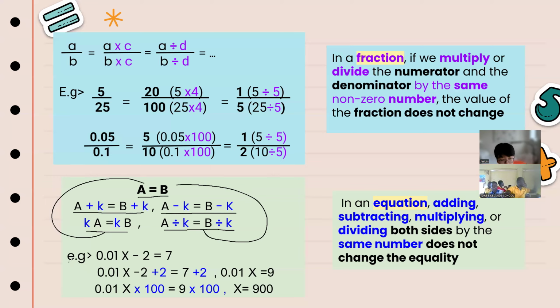So let's look at this last example. If we are asked to find the value of x here, to find x, we add 2 on both sides. Then we get 0.01x equals 9, because we added 2 to both sides.